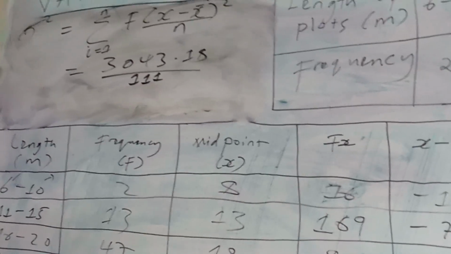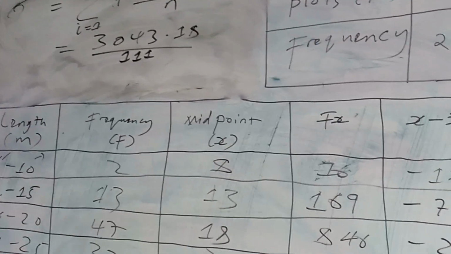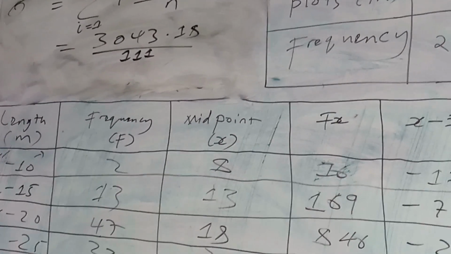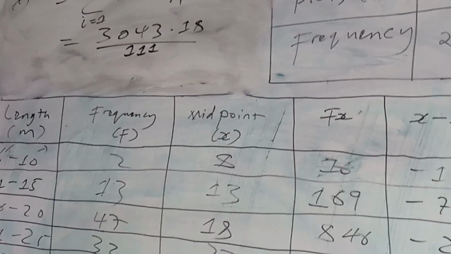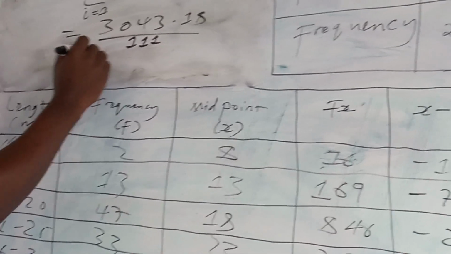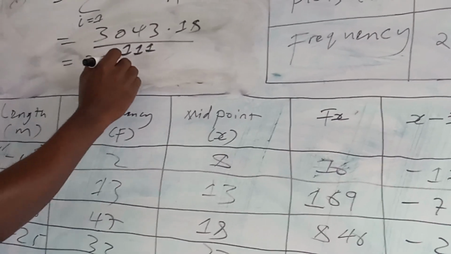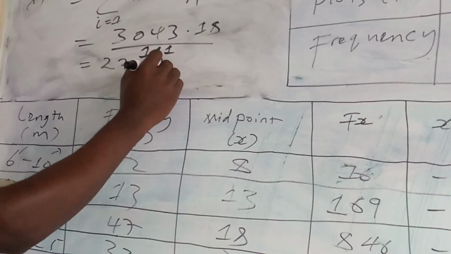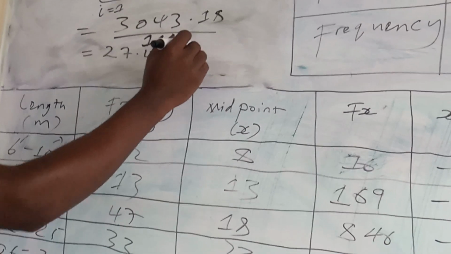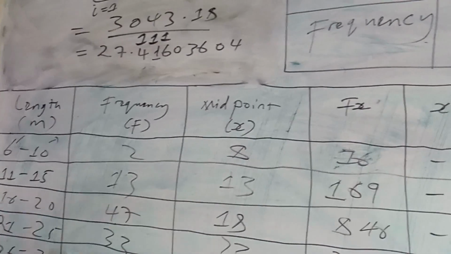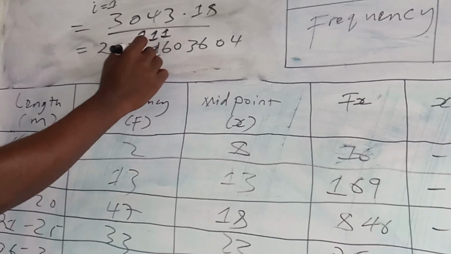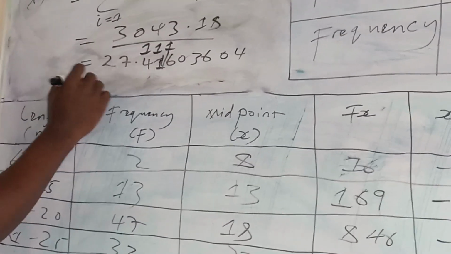So 3043.18 divided by 111, I'm having 27.41603604.